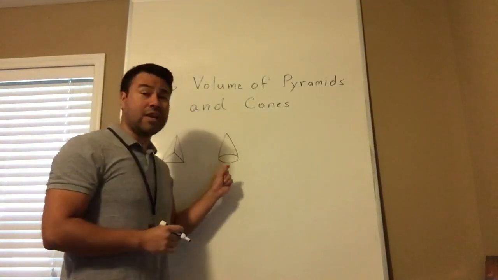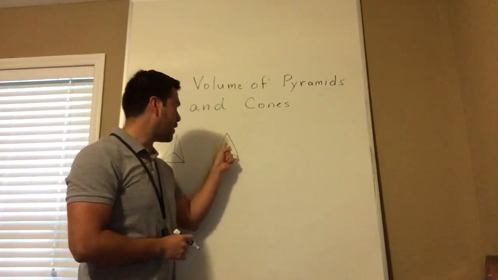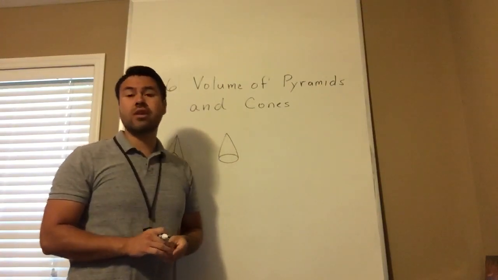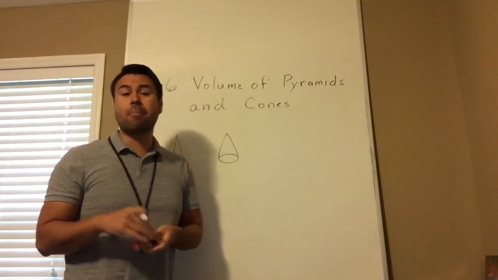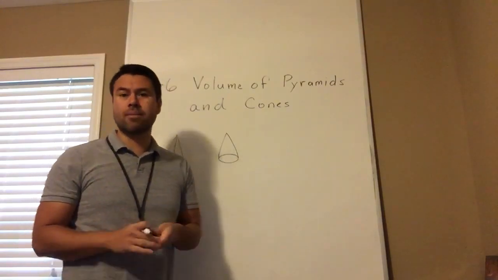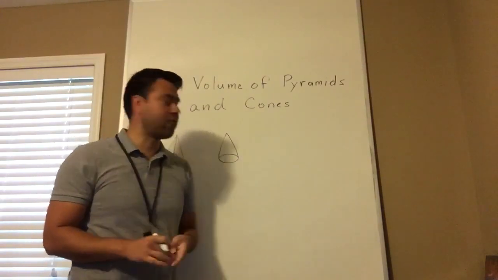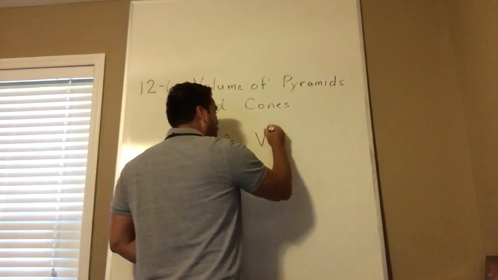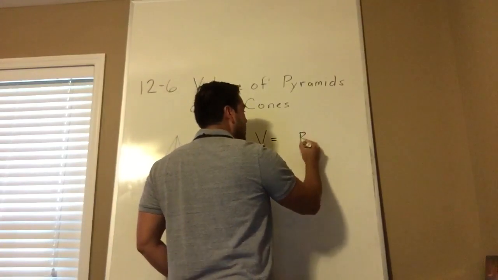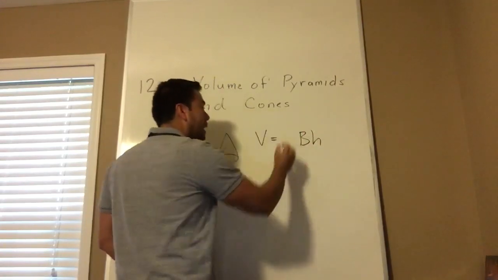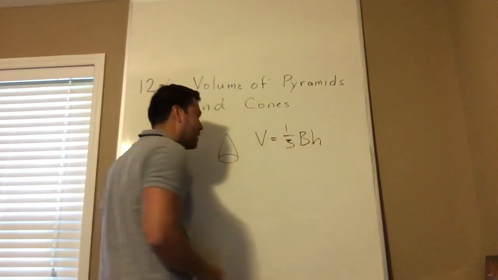And you notice if you have these perfect little cubes trying to fit in here, almost always you're not going to be able to fit a perfect amount of cubes. You're going to get a partial cube, like a decimal number or a fraction. So the volume of a pyramid or cone is still your base times your height, but it's a third of it.